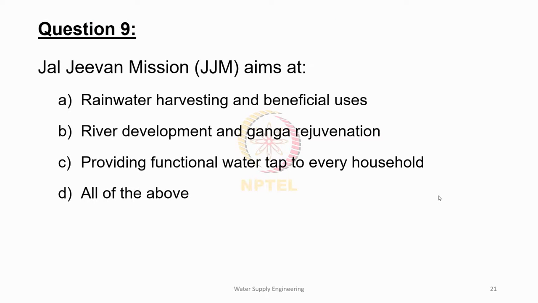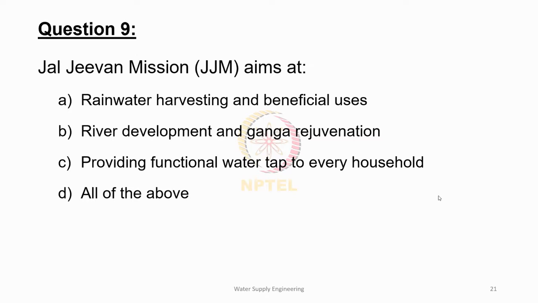That is question number 9. Jal Jeevan Mission aims at: option A, rainwater harvesting and beneficial uses; option B, river development and Ganga rejuvenation; option C, providing functional water tap to every household; option D, all of the above.